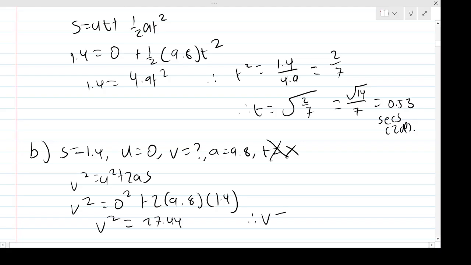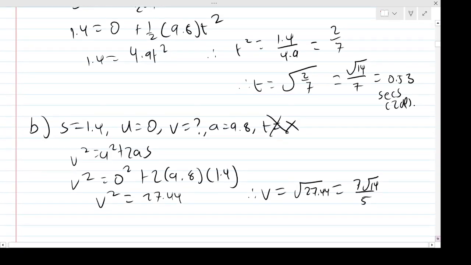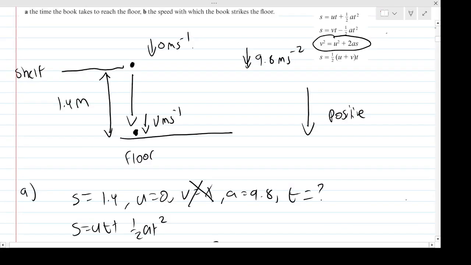So therefore V is the root of that, which is 7 root 14 over 5, or as a decimal, 5.24 meters per second to 2 decimal places. So that's the speed when it hits the floor. Okay, so that's generally the idea with what we're looking at.